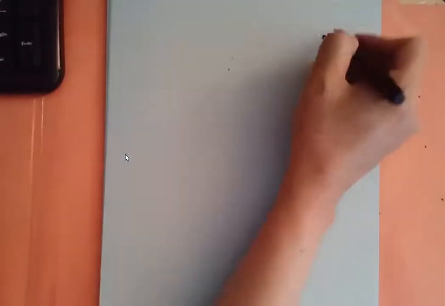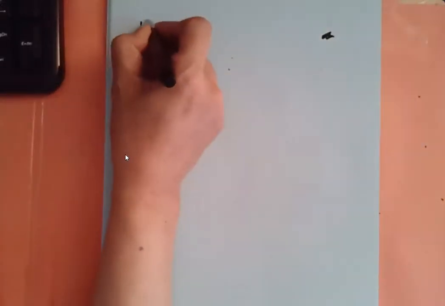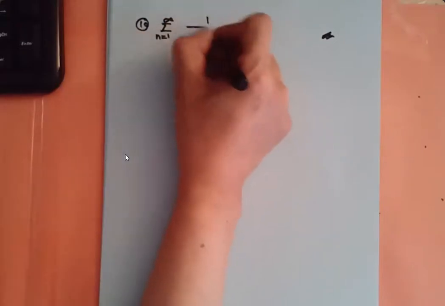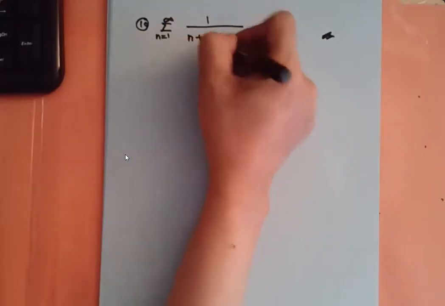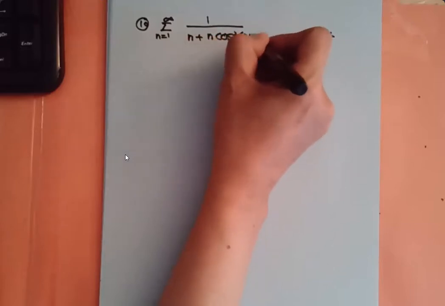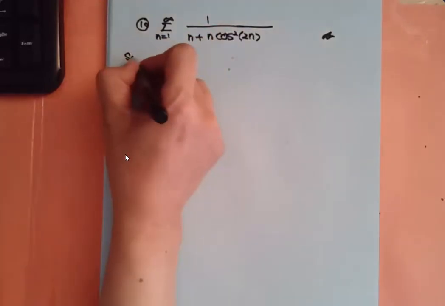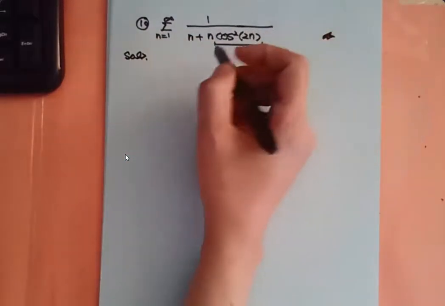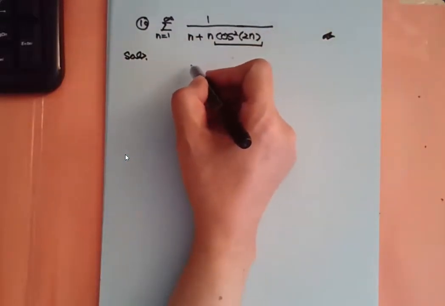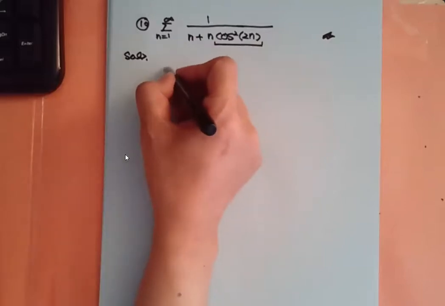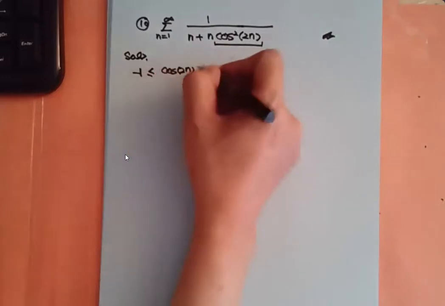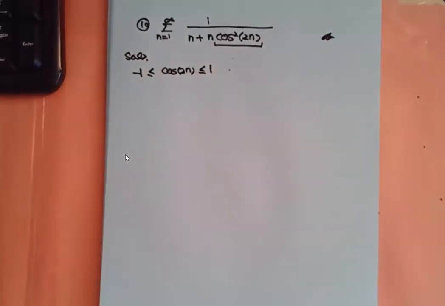The next one is about the summation from n equals 1 to infinity of 1 over n plus n times cosine squared of 2n. So cosine squared of 2n is bounded by 0 and 1. Let's start with cosine of 2n. That is a cosine function, so it should oscillate between -1 and 1.